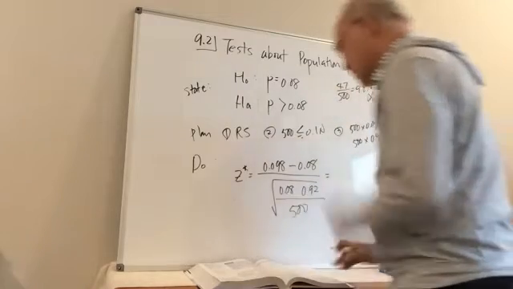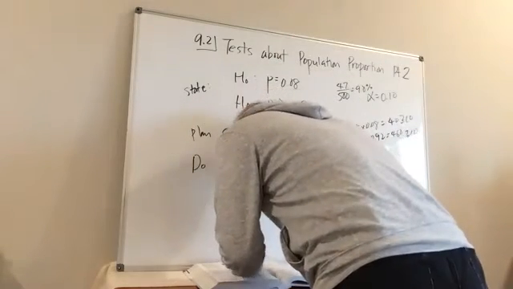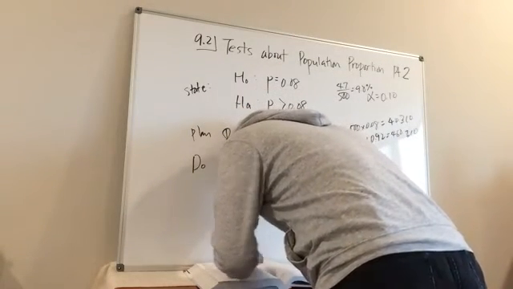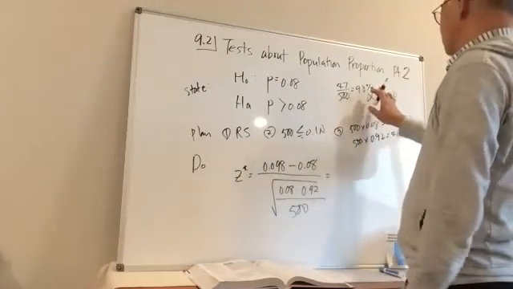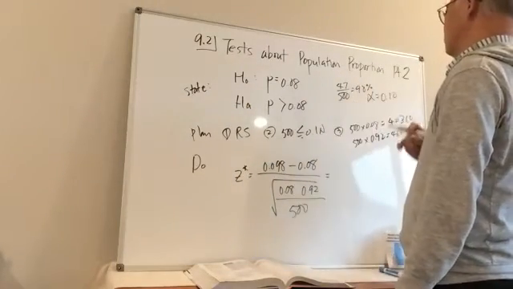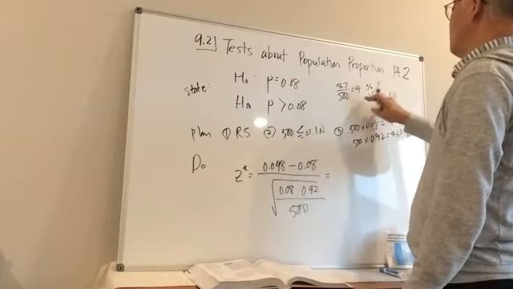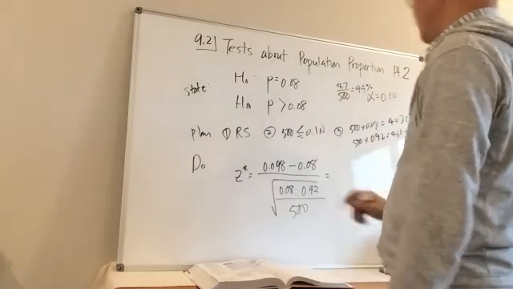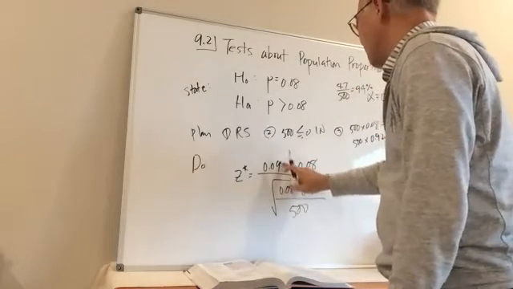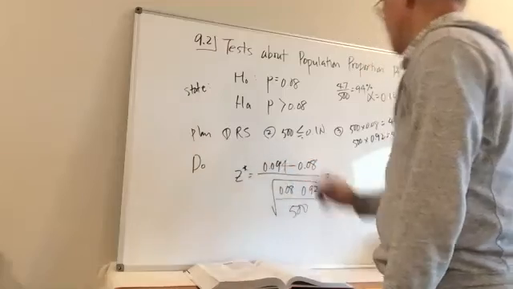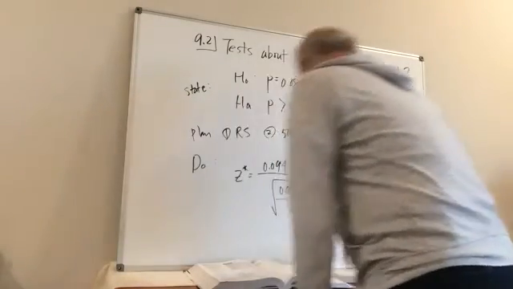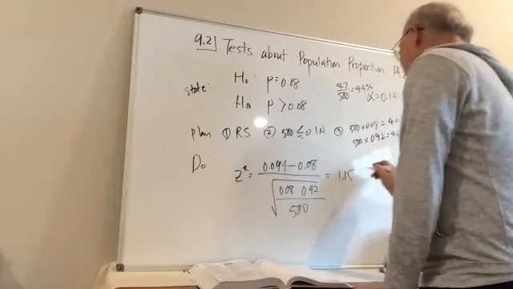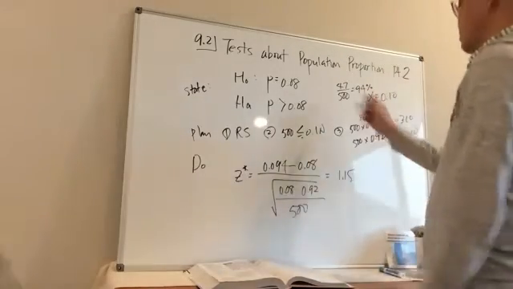Was it 47? Oh, it's 47, never mind. So it's 0.094 actually, right? So I do this, what do I get? I get 1.15. So it's greater than that, right?